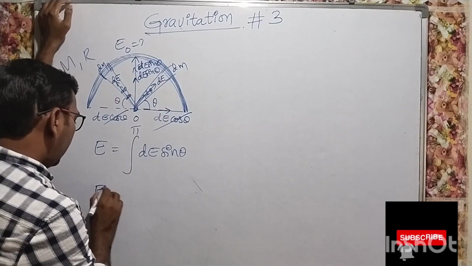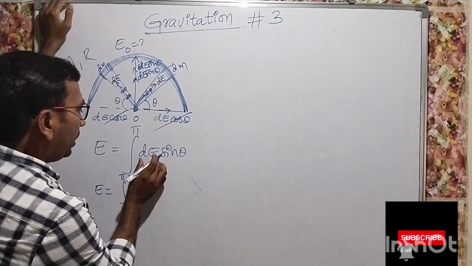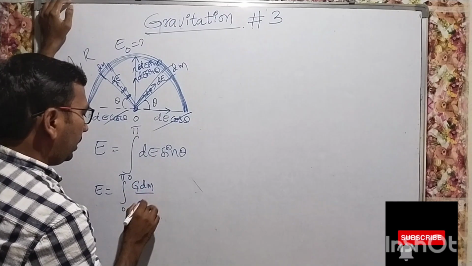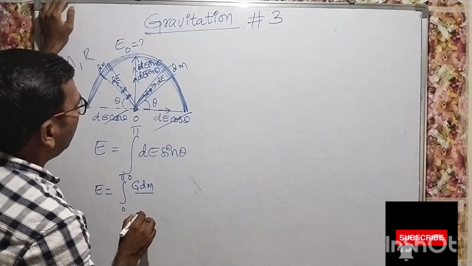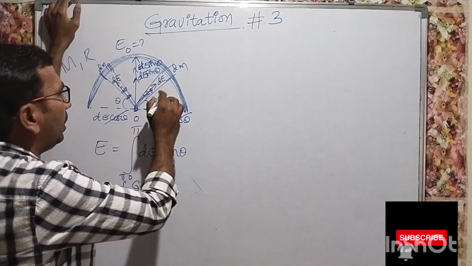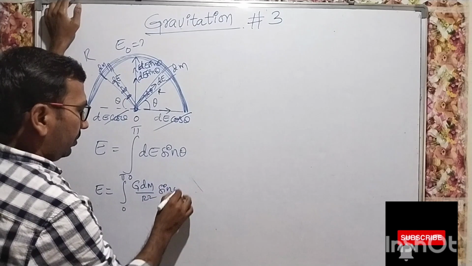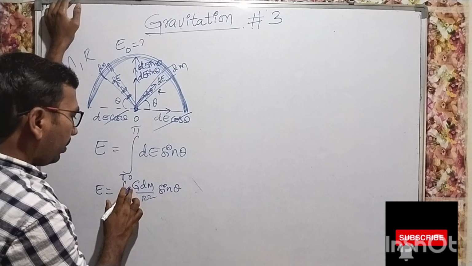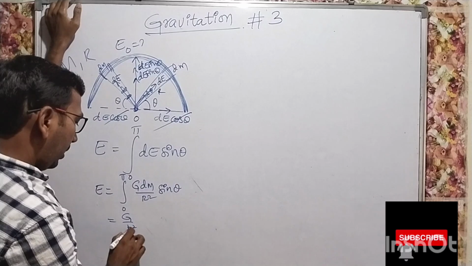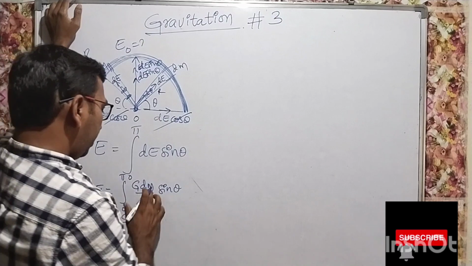What about dE? dE is equal to capital G dm by r square, where the distance is the radius r, times sin theta. So capital G by r square is common, integration 0 to pi, and here you substitute dm.